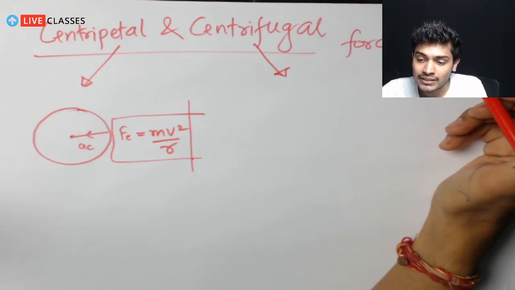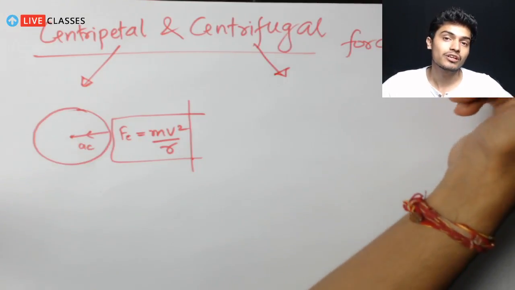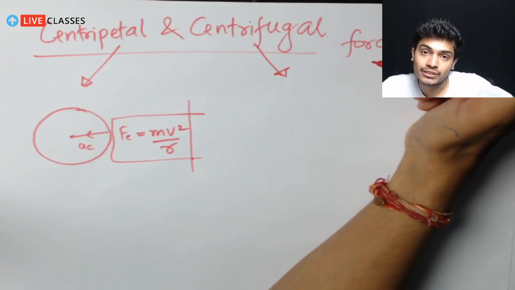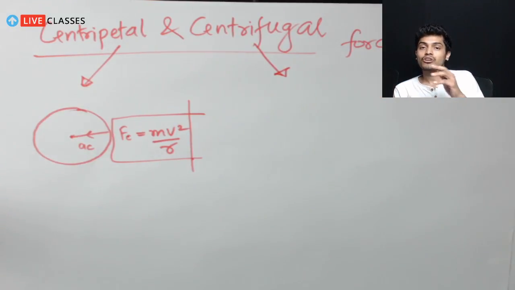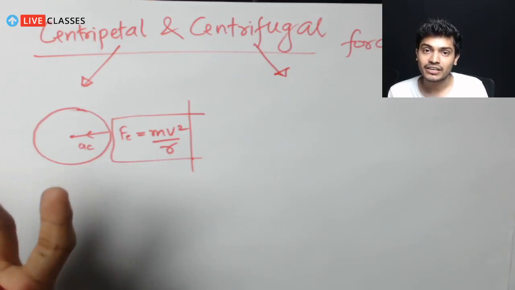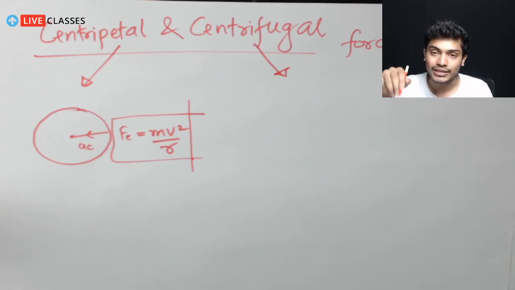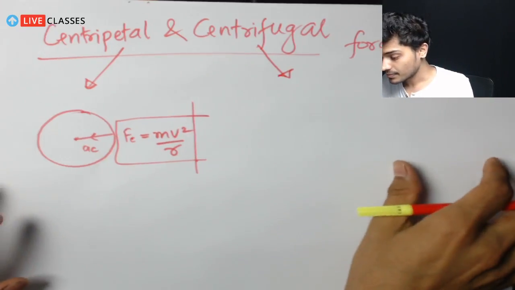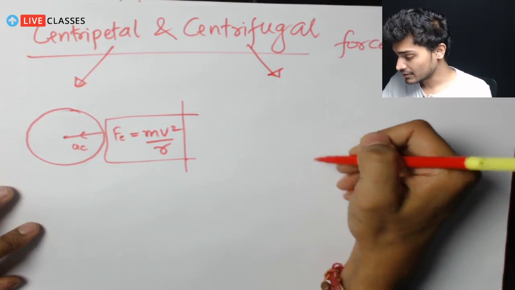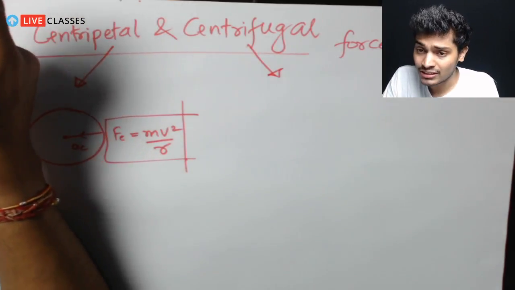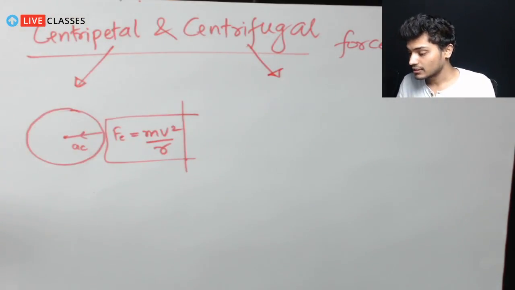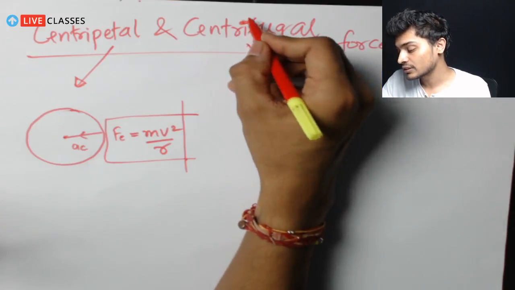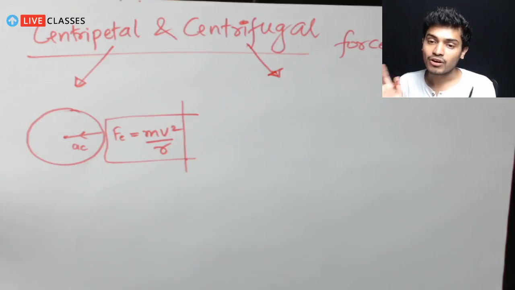In a similar way, in circular motion also, centrifugal force is termed as a pseudo force, which we apply when we consider the circular motion from a rotating frame, for example. So basically these two are not entirely two different forces, but they come into existence when we change our frame of reference.